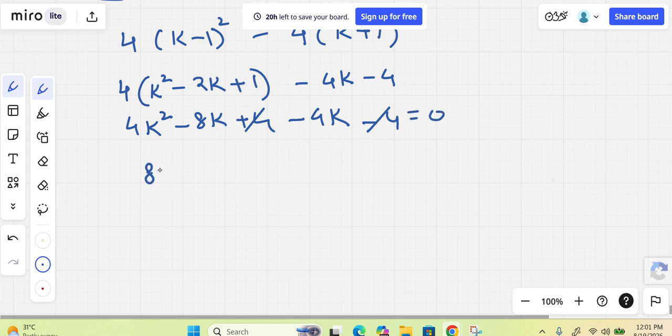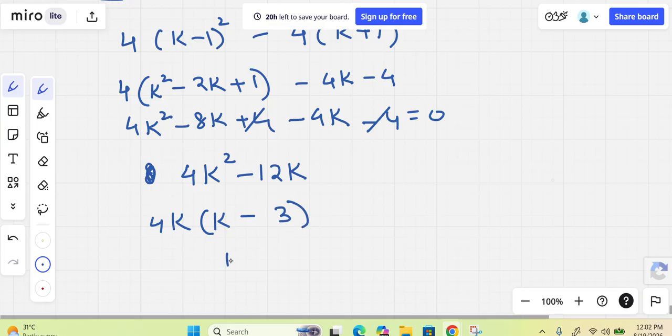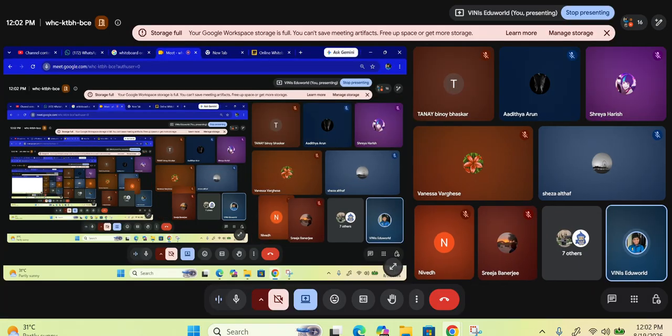Did anybody get it? K is equal to 3 or k is equal to 0. Correct? Is it clear?